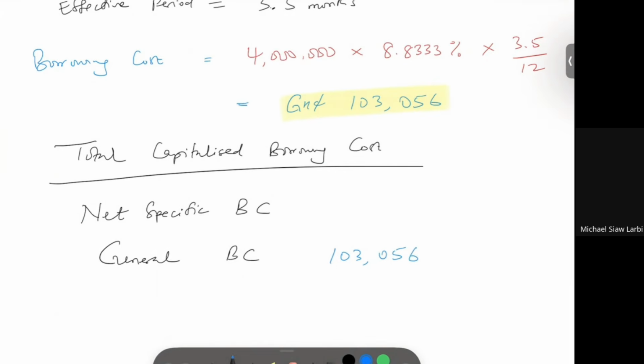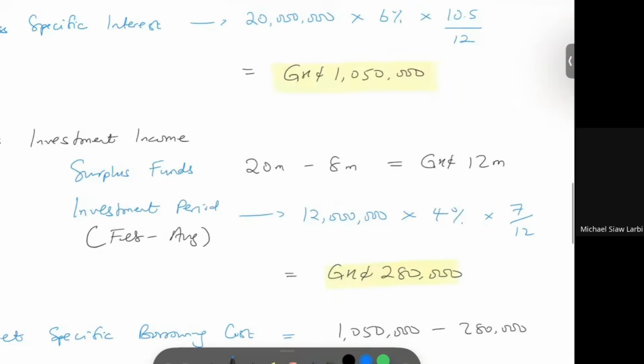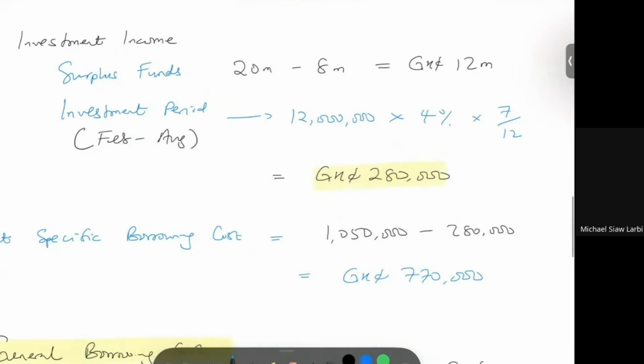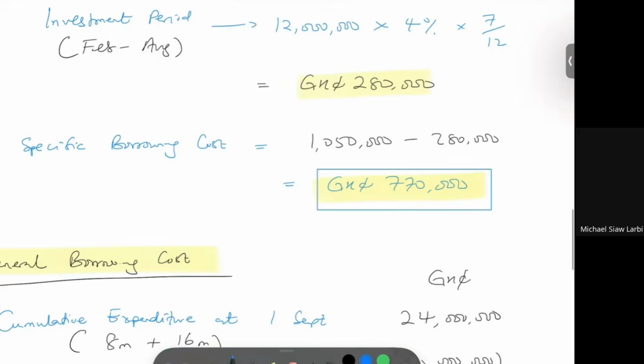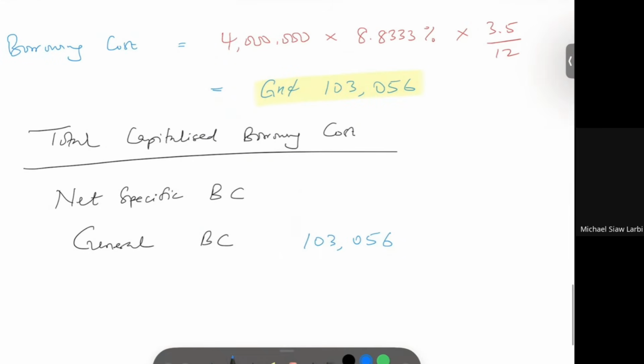For our specific, if you recall, we got 770, so we'll pick this guy here and bring that here. If you add the 770 to the 103,056, you're going to get 873,056. So this is the borrowing cost to be capitalized.